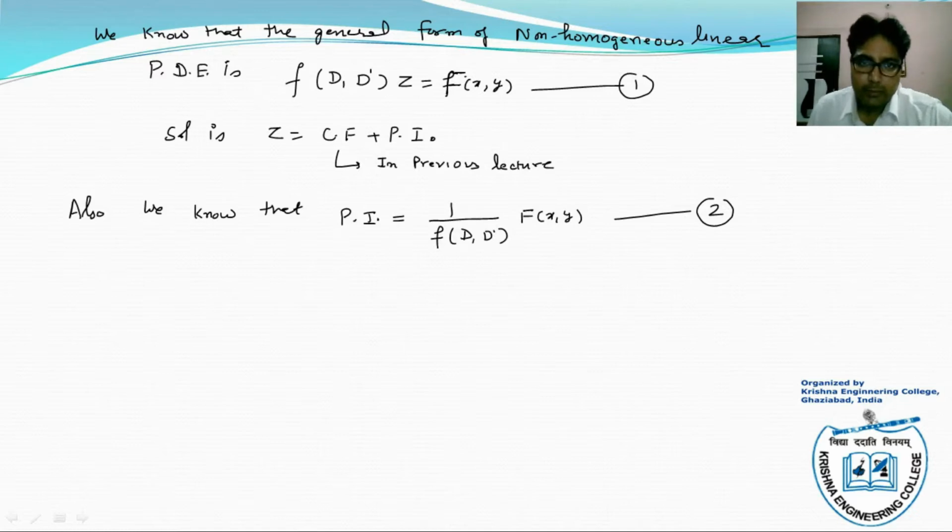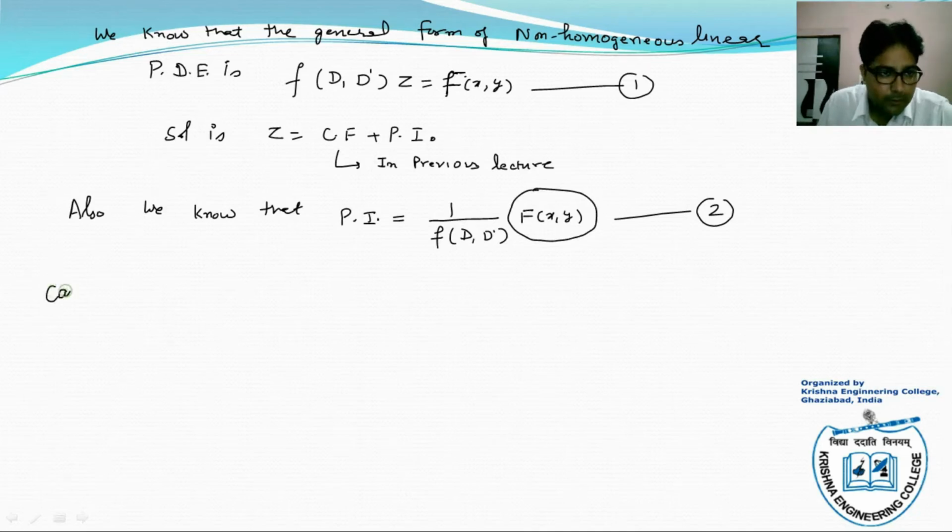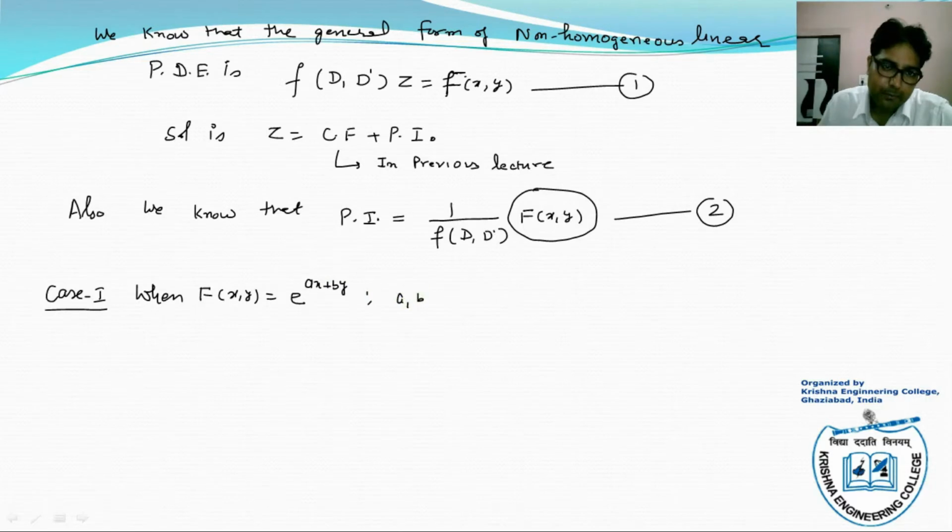The PI is based on the function. So let us take the case first: when the function f x comma y may be of the form e to the power ax plus by, where a, b are constants.